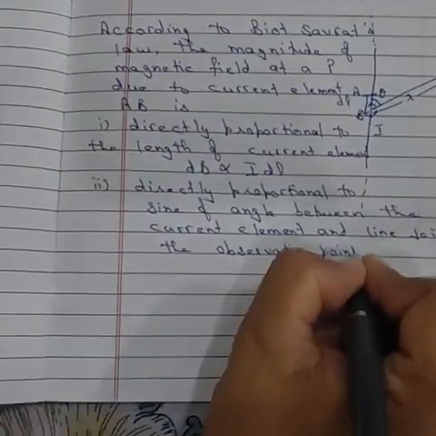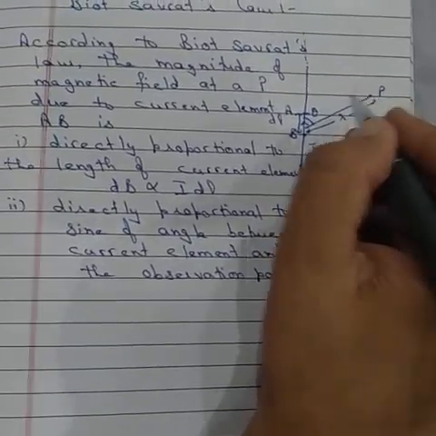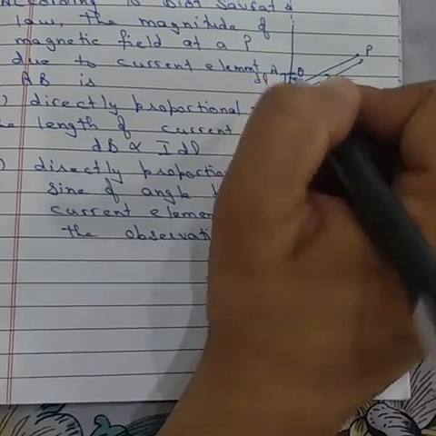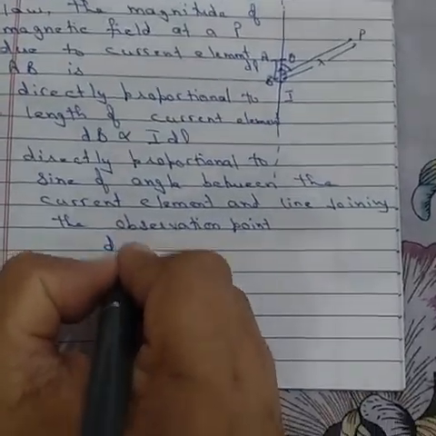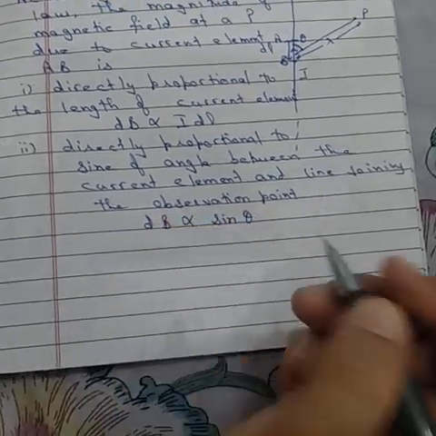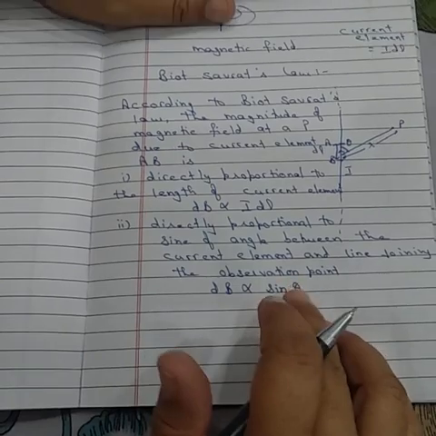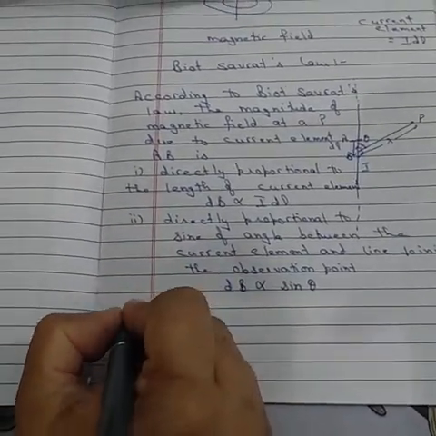This is the current element AB and BP is the line joining it to point P, so the angle between them is theta. The magnetic field is directly proportional to sine theta; the larger the angle, the larger the magnetic field.